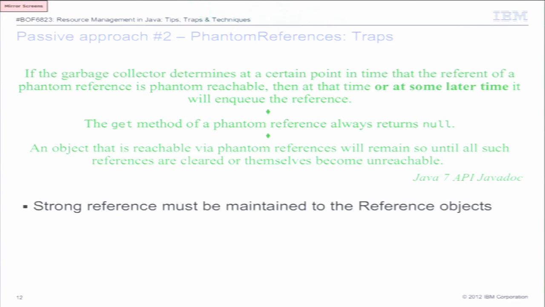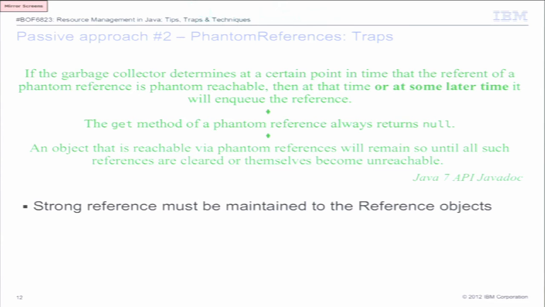Furthermore, you must make sure that when you're using phantom references, a strong reference needs to be maintained to the phantom reference object itself. If you don't do this, then if the phantom reference becomes eligible for garbage collection, it will be garbage collected and it won't get posted onto the reference queue.